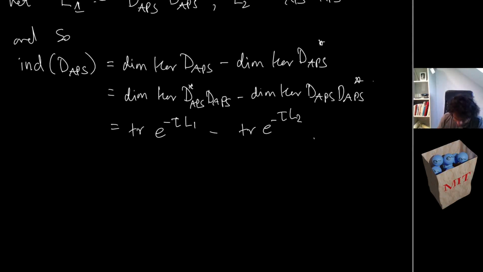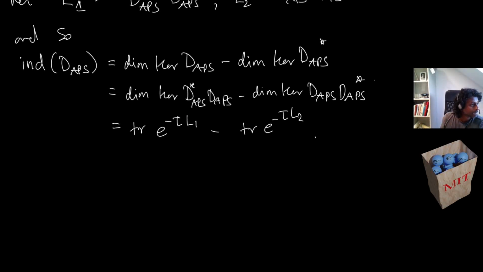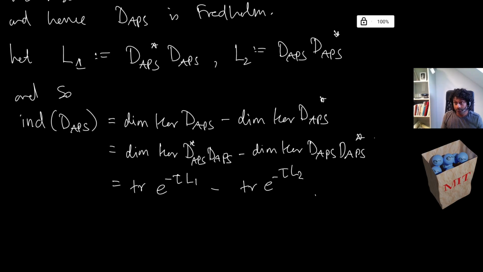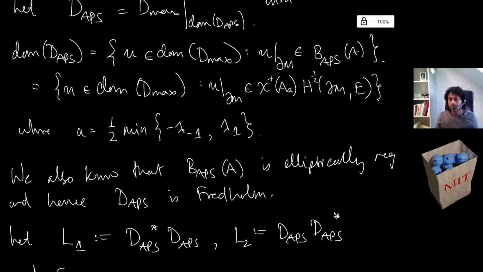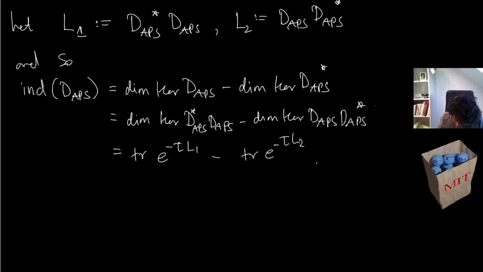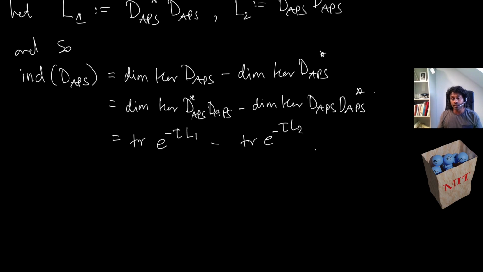Okay. Delta was the D naught APS, right? But now we're looking at D on a compact manifold. Okay, so yes, thanks for that. That's an important difference here. So now we're no longer on the cylinder, right? Because we want this finite index.